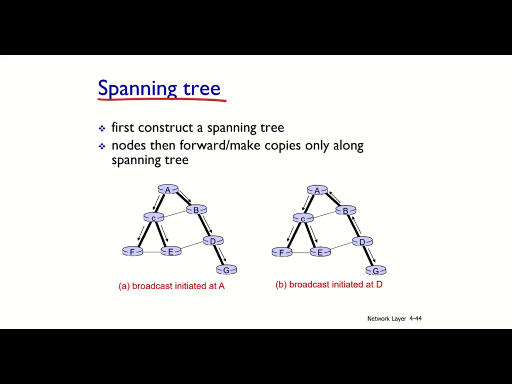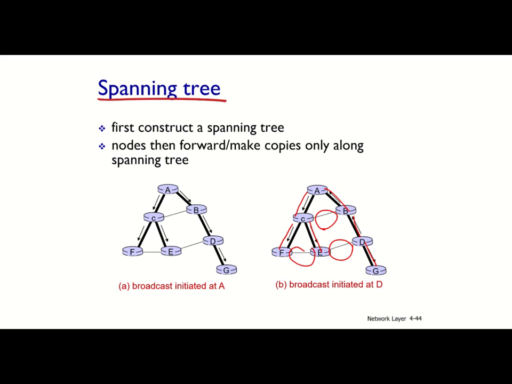In the spanning tree, only the links that I specify with red are participating. The other edges, like these two, and this one, are not part of the spanning tree. So if you use this spanning tree to do the broadcasting, that would be the smartest broadcast, because we would have no redundant packet forwarding.